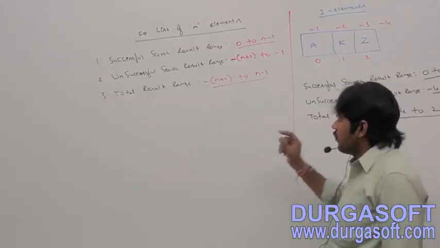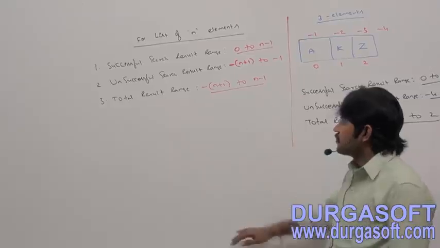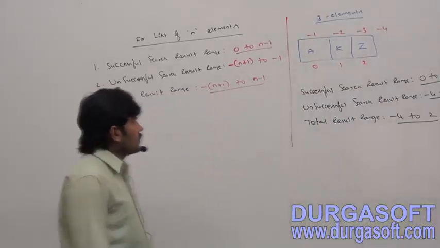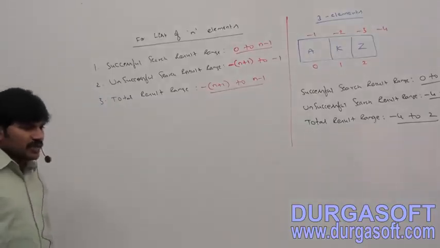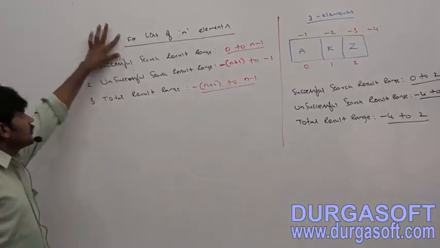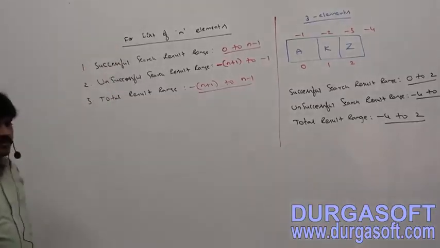Next, unsuccessful search result range: minus of n plus 1 to minus 1.